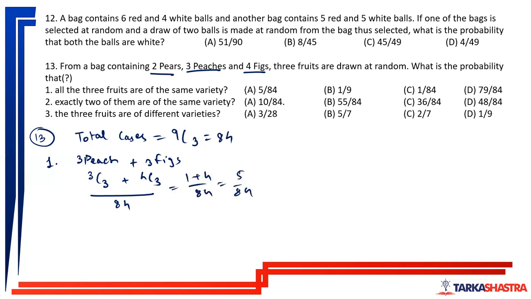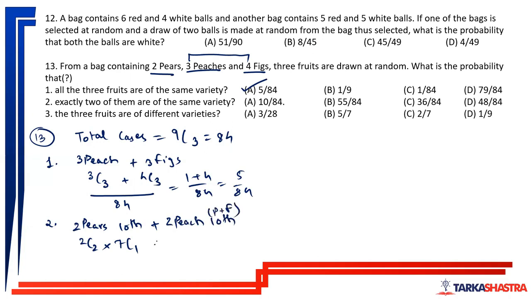Very easy. Second case, exactly 2 of them are of same variety. So we can have 2 pears and one other. So 2C2 into any one amongst the other 7, that is 7C1. Or we can have 2 peaches and one other. This one other will include pear and fig only, so 2 peaches will be 3C2 and one other.